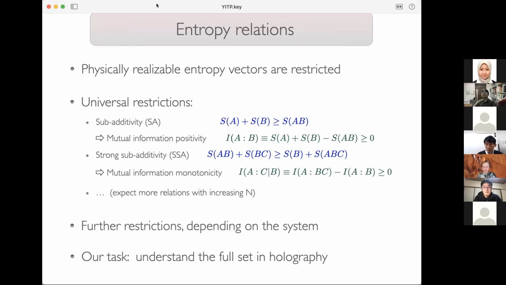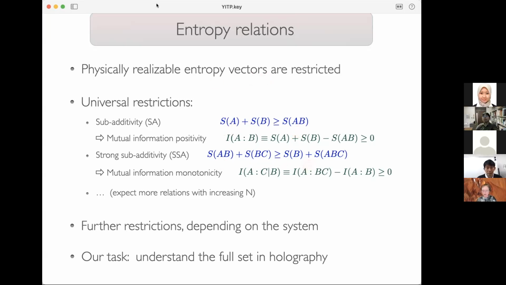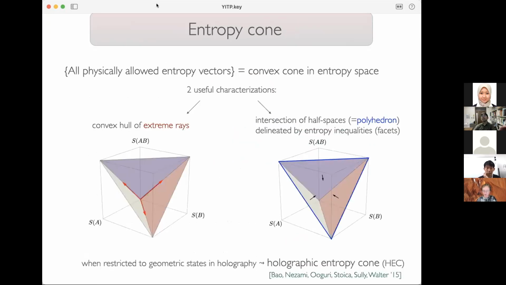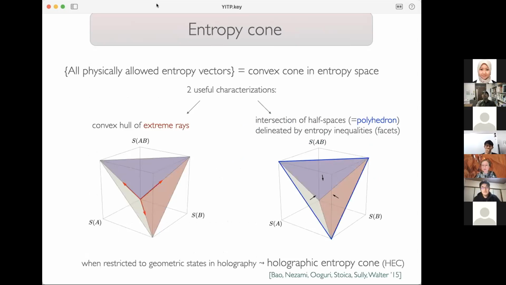So the set of possible entropy vectors is certainly restricted by relations of this type, but it's also restricted by further relations depending on what system I'm actually talking about. And what we want to do is talk about the system that is describing a geometric state in holography. So just to step back, how do we want to characterize this object, the set of entropy vectors that are admissible?